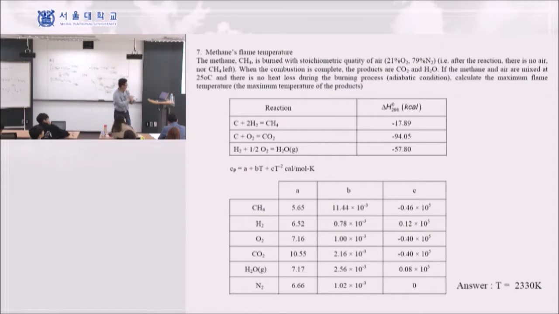Then we have all those numbers. The first part is the three different chemical reactions: at 25 degrees, what is the enthalpy of each chemical reaction? The second part is the heat capacity of the different gas phases. Let's draw this schematically, what we really want to calculate.